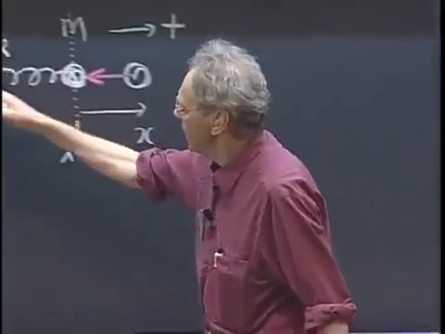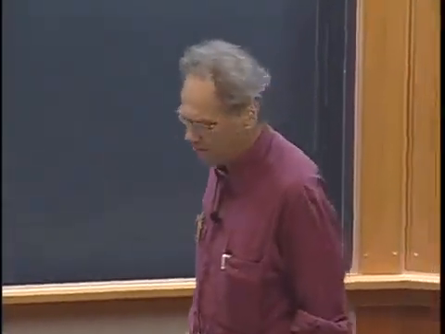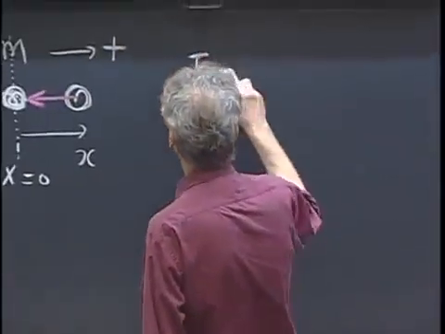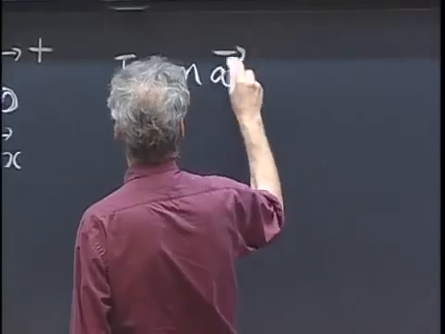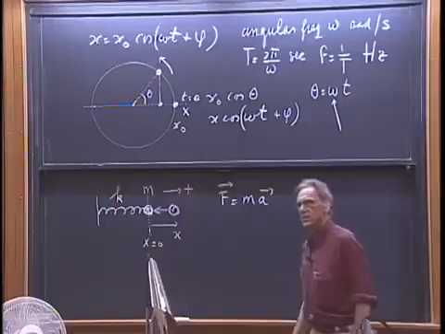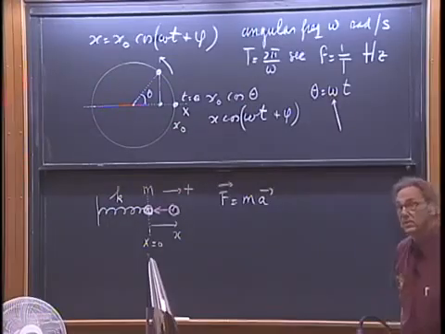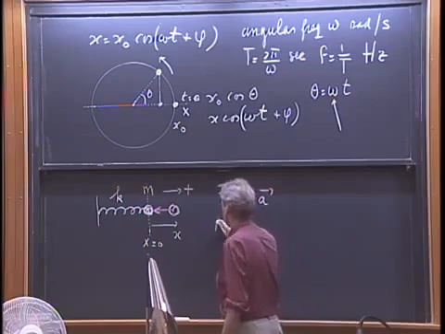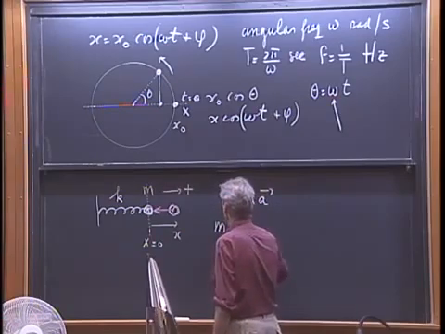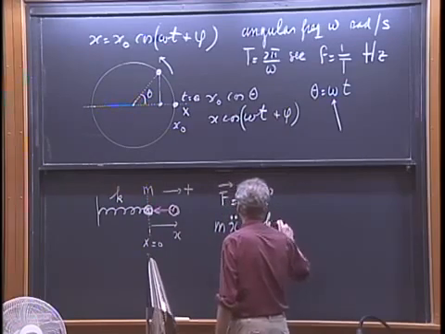If the mass of the spring can be ignored, if it is negligibly small compared to the mass of the object, I can write down Newton's second law, F equals ma. You may remember that from your good old days. And so ma, which is m x double dot, is now minus kx.